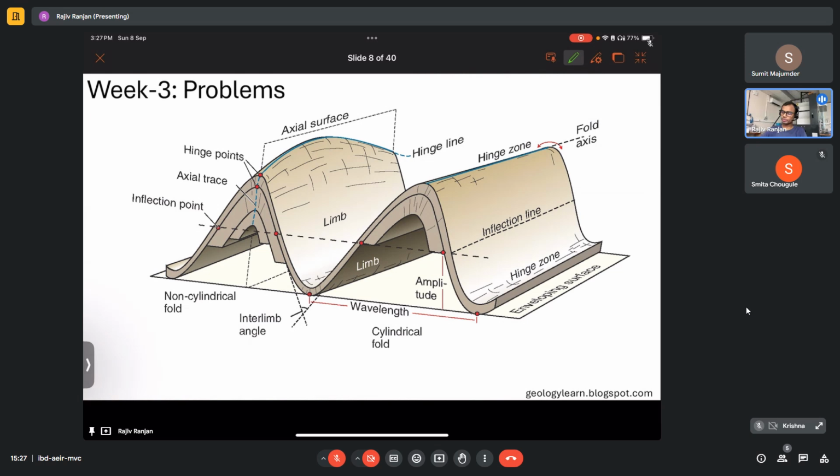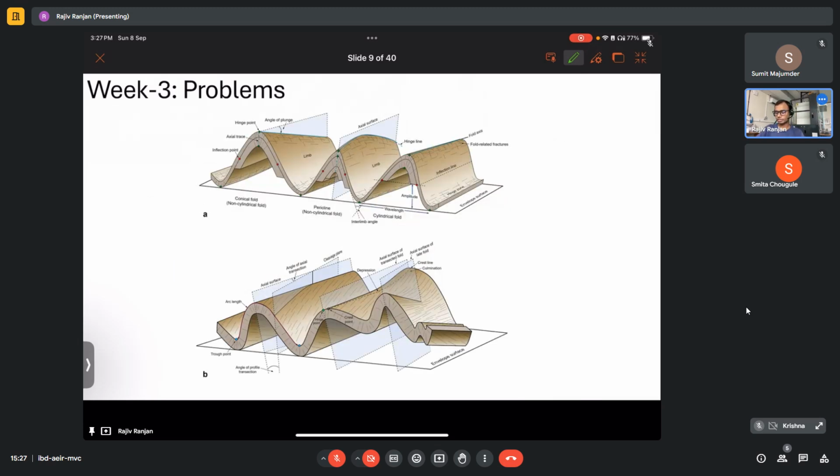If you see the curvature here, you can see it as a straight line, right? The maximum curvature, when it becomes almost horizontal. So this is the point of maximum curvature. If you connect all these points of this plane, it becomes the hinge line. You are totally correct.